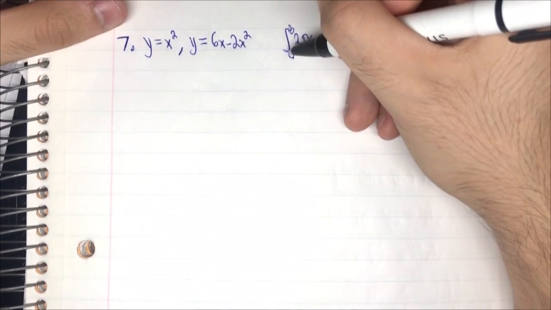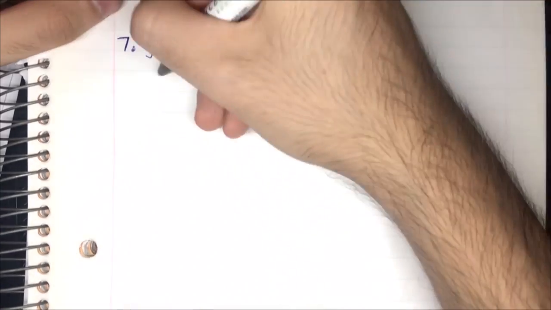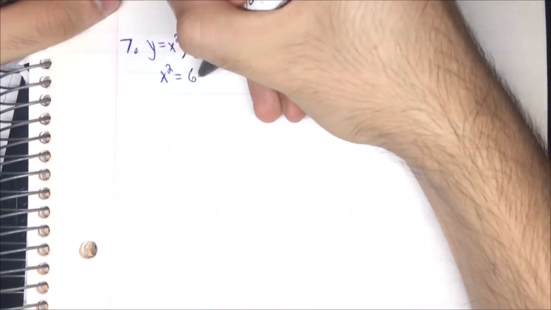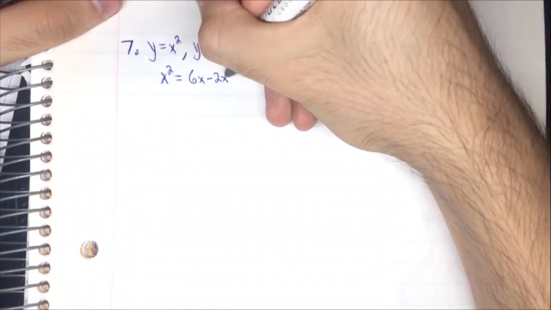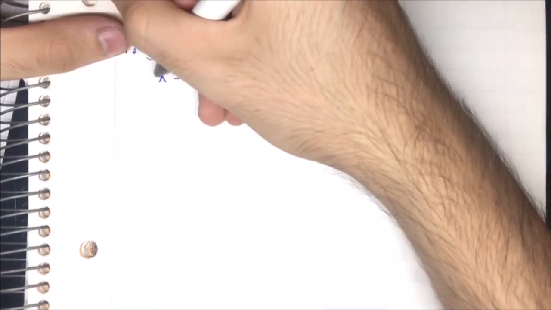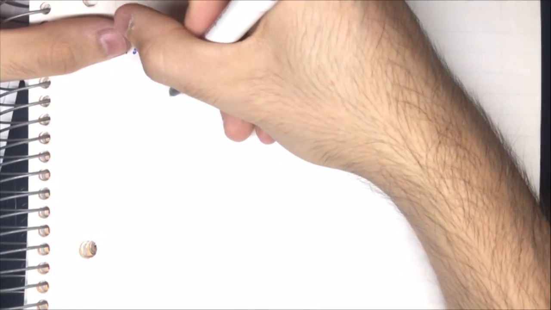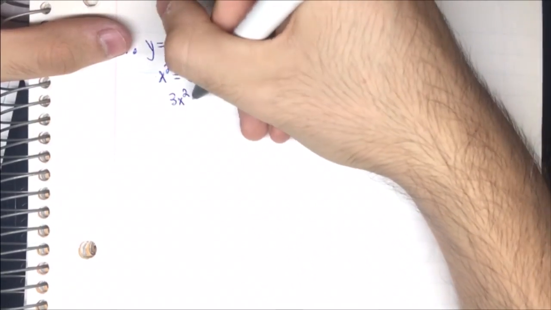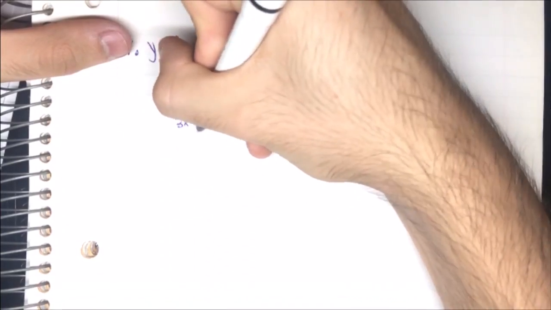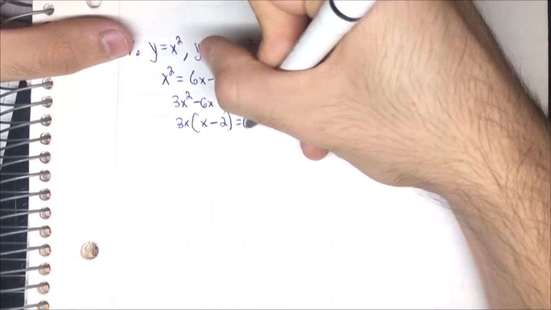Alright, so since they don't give you any x's, and that's what your a and b are supposed to be, you have to set the y's equal to each other. So x squared is equal to 6x minus 2x squared. Alright, so you subtract everything onto this side, so that would be x squared plus 2x squared. That gives us 3x squared minus 6x is equal to 0, and then we can take out a 3x, so what we have left is x minus 2 is equal to 0.